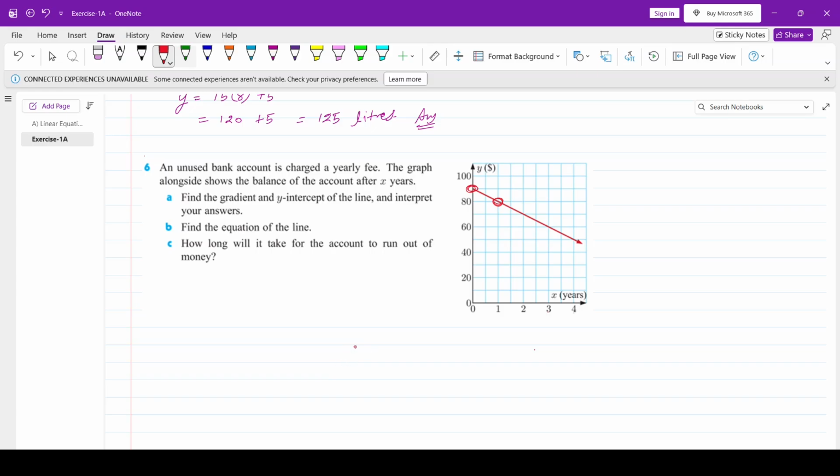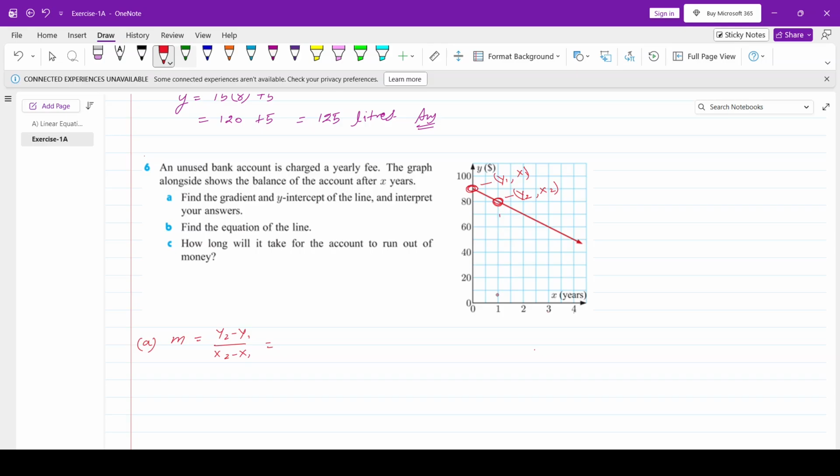So in 1 year, suppose this is y2 and x2, and this is y1 and x1. For sub question A, we have to find the gradient. Can we say (y2 minus y1) over (x2 minus x1)?